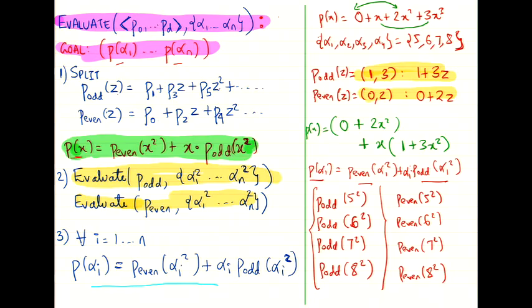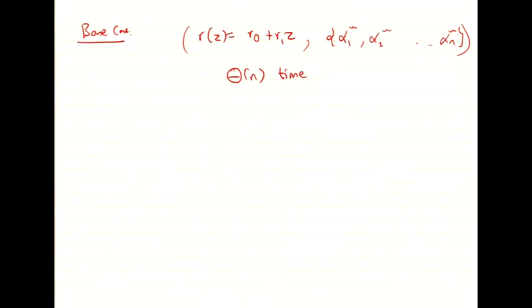But let's just write the recurrence in two parameters: T of n comma d, where d is the degree and n is the number of points of evaluation.